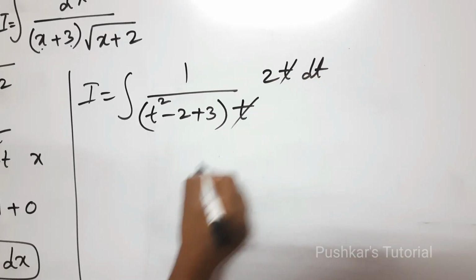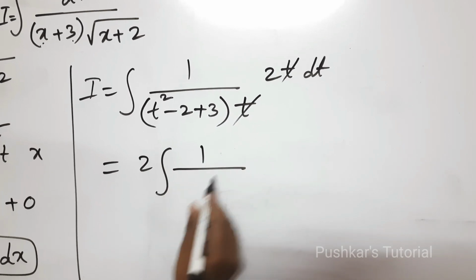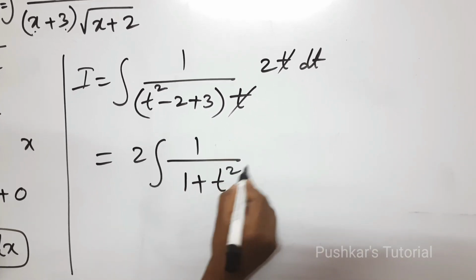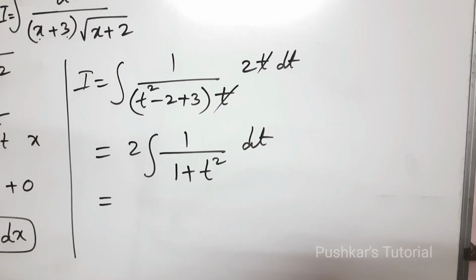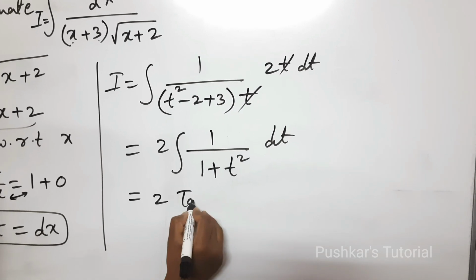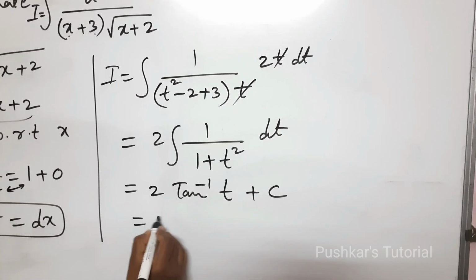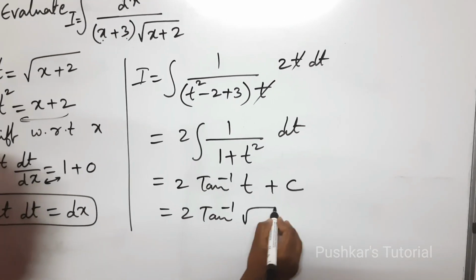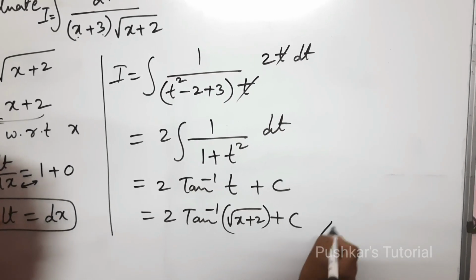So here 2t cancels, constant 2 in front, 1 by 3 minus 2 is 1 + t², and dt. It looks like the integral of 1 by 1 + x². The formula is tan inverse x. So here tan inverse t + c. Instead of t we have taken under root (x + 2), plus c.